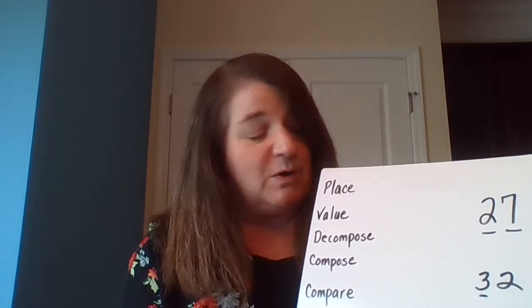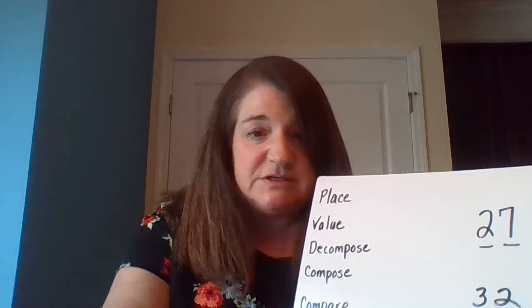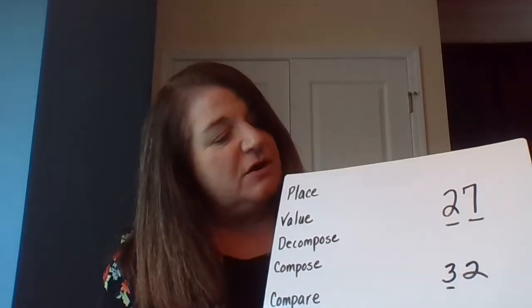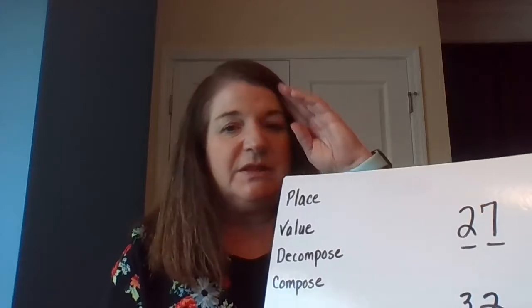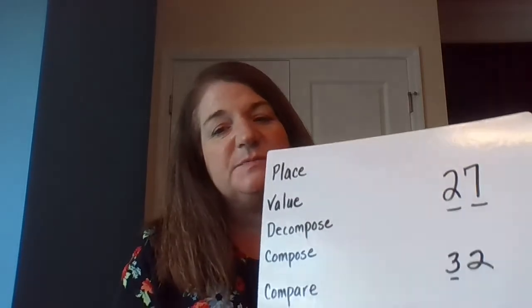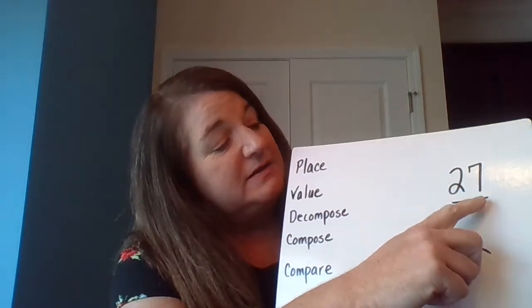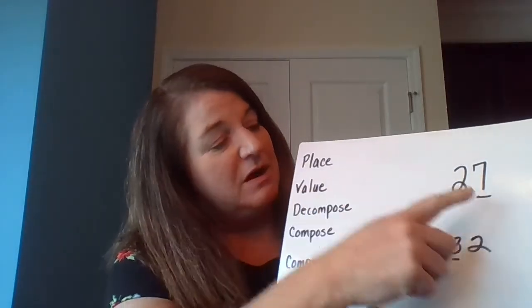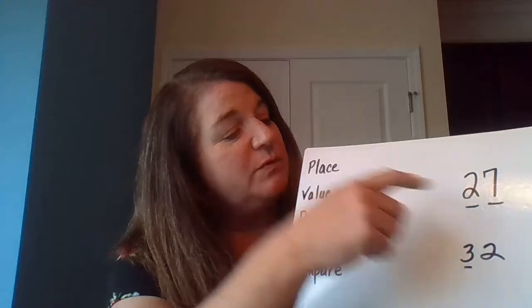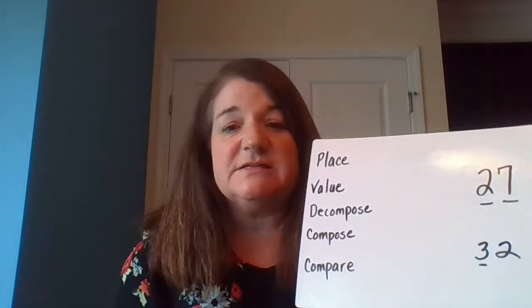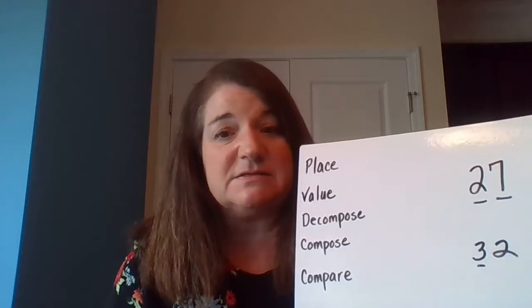And for right now, we're just going to talk about 2-digit numbers, but then we'll move on and do a little bit more tricky things. So if we're just talking about place, that means what is its place. Now, what does that really mean? What is the value of the number in each place? So if we look at 7, we know a 7 in ones place, its value is 7 ones.